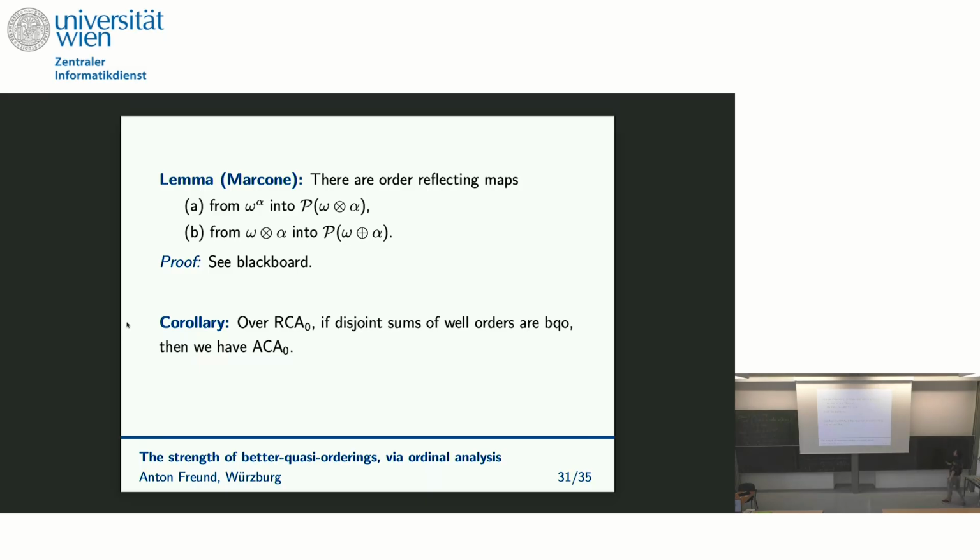Let's maybe prove B first. So we want to go from the product. Let's consider some element in the product. This will be a pair of some n and some beta. And we want to map that into the power set of the disjoint sum.